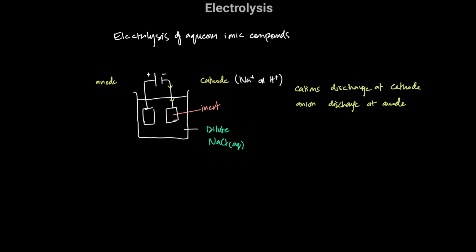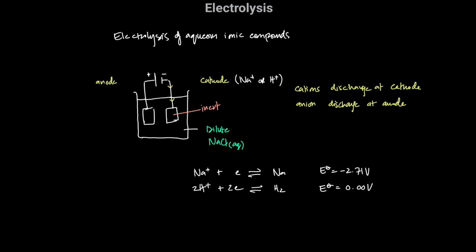From the data booklet, the standard electrode potential for the reduction of Na plus is negative 2.71 volts. And the standard reduction potential for H plus to form hydrogen gas is 0.00 volts.